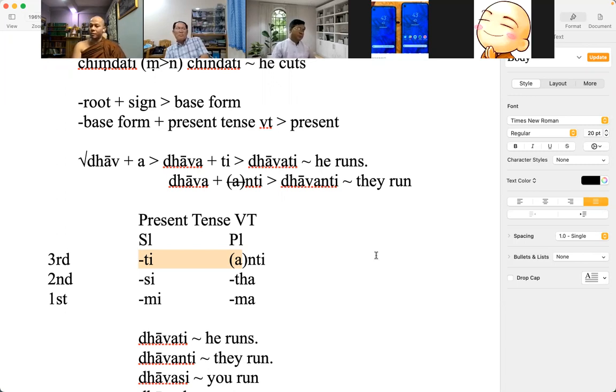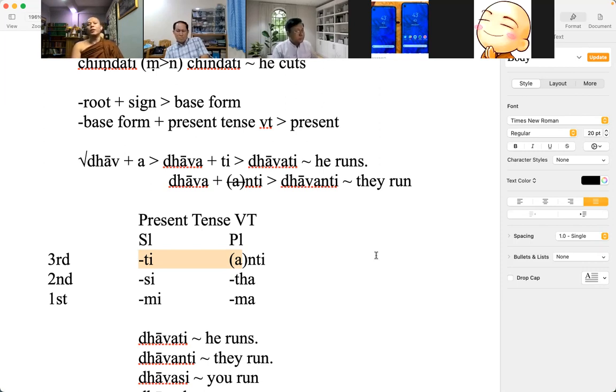Only 6 words. Very easy to remember. But please remember, the easiest to remember is also the easiest to forget.